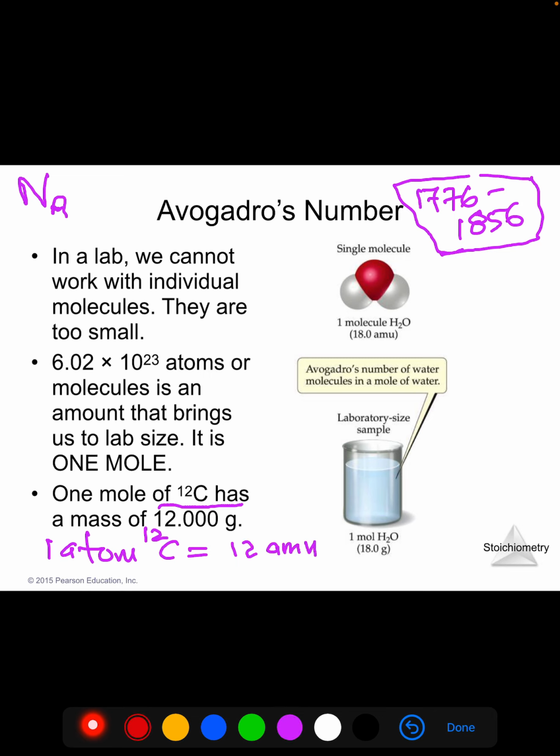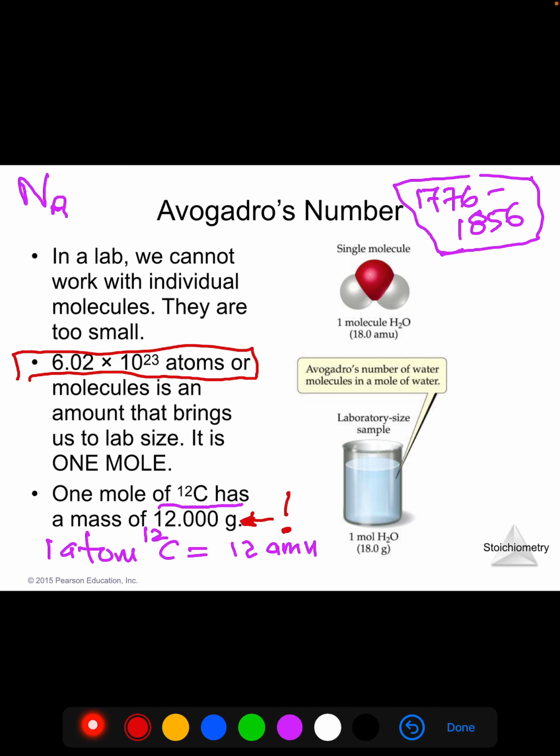But what's cool is that if you have this quantity, one Avogadro's number, 6.02 times 10 to the 23rd atoms of an element in the periodic table, that's its mass in grams.